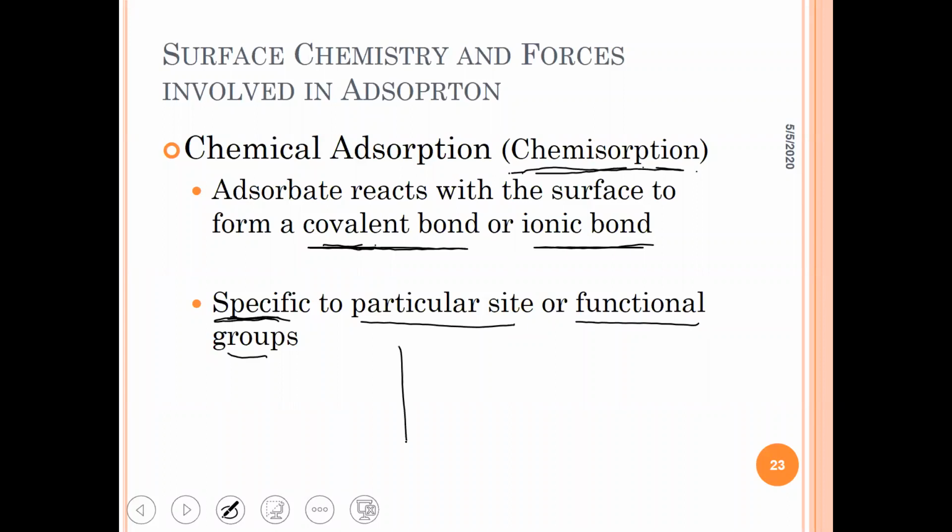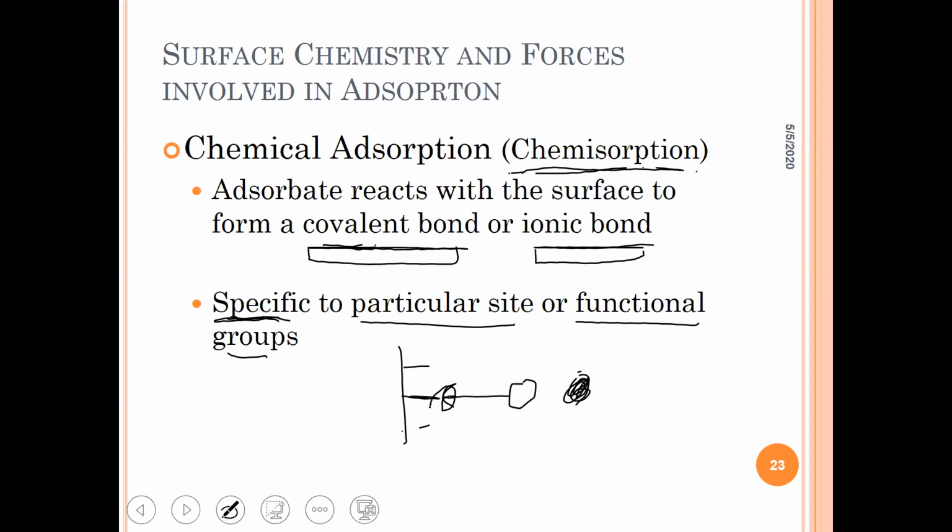The adsorbate has some functional group, and if different types of molecules are present, only the molecule or adsorbent that has a reaction mechanism, or the potential to make a covalent or ionic bond, will react, and only with this site, not others.